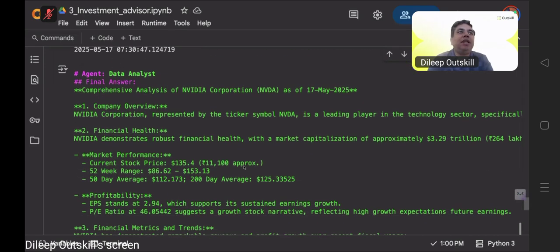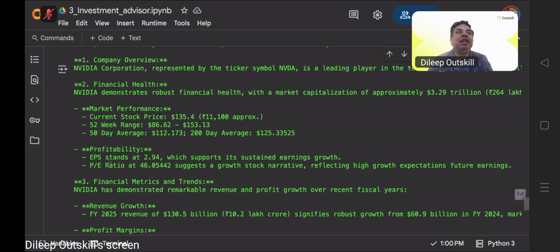So here it is giving the company overview, the financial health, the market performance. The current stock price is $135.4. The 52-week range is $86 to $153, and the 50-day range is $112, and so on. Profitability: EPS at 2.94, which supports sustained growth.